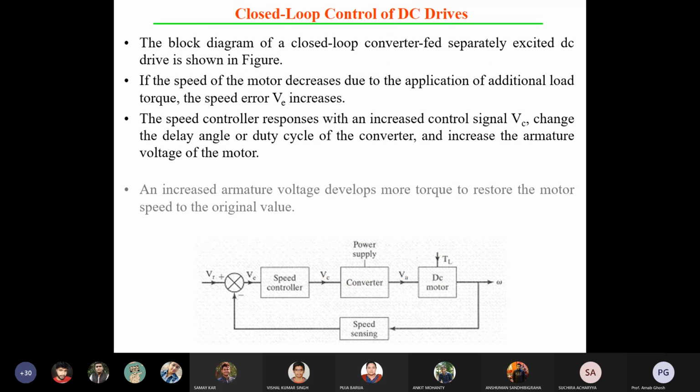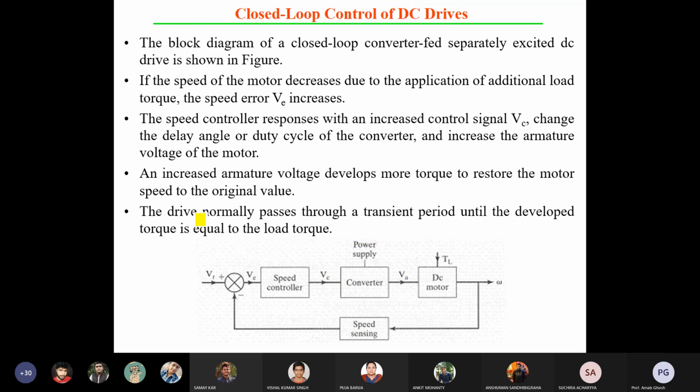Another important point: the block diagram of the closed loop converter fed separately excited DC drive is given in the figure. If the speed of the motor decreases due to the application of additional load torque, the speed error VE increases. VE increasing directly affects VC, so VC also increases, meaning the DC value of the previous condition is increased.